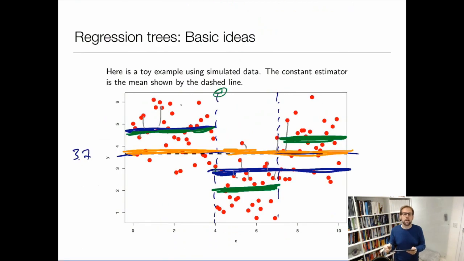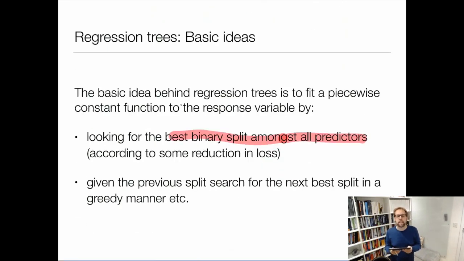If I go from the yellow line to the blue line, the total residual sum of squares will get lower. And it can only be lower or equal than without the split, by definition, as you can convince yourself. And then given the previous split in a greedy manner, as I explained earlier, we keep on splitting further in the same way as we did before.